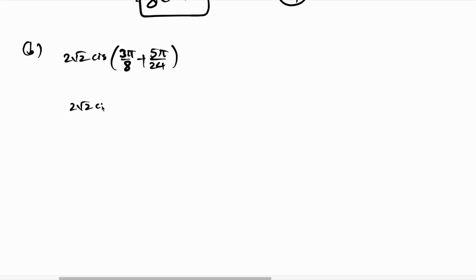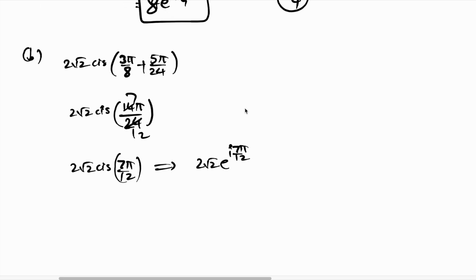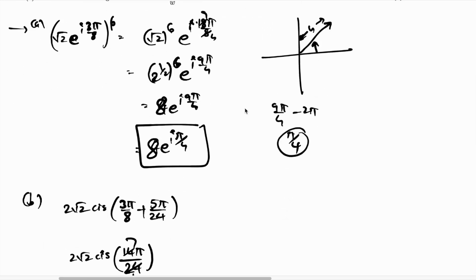So this becomes 2 root 2 cis 8 into 3, so 14 pi by 24. So 2 12s are, and 2 7s are. So 2 root 2 cis 7 pi by 12. And 7 pi by 12 is in the principal argument. So I'll write this as 2 root 2 e raised to i 7 pi over 12. This is my answer for the second part.